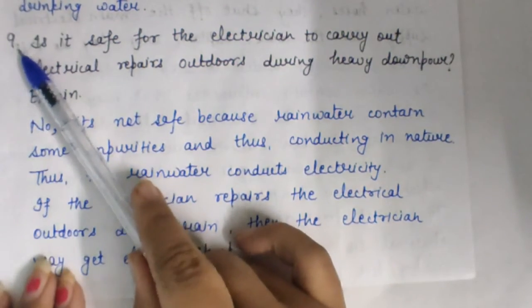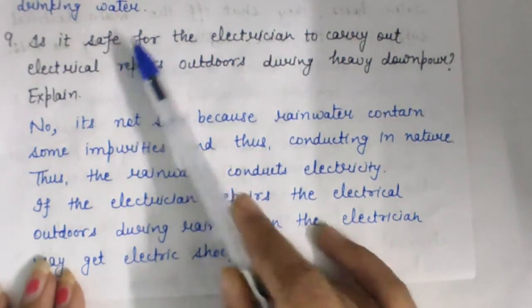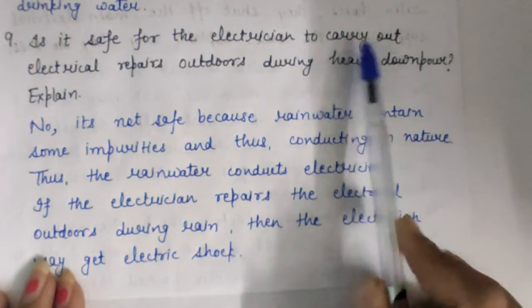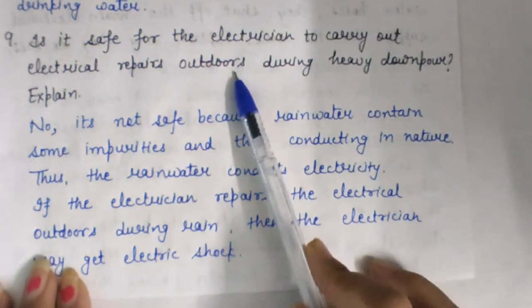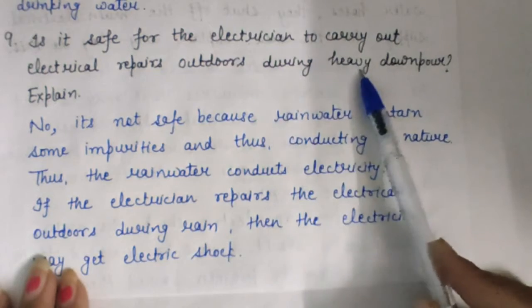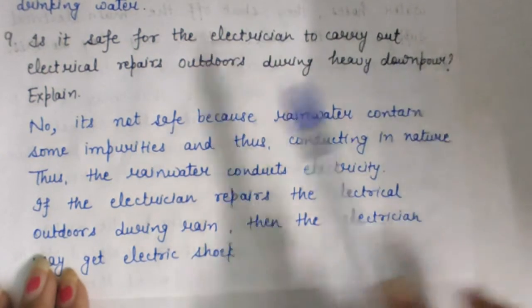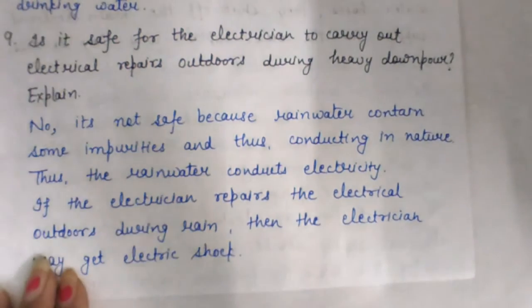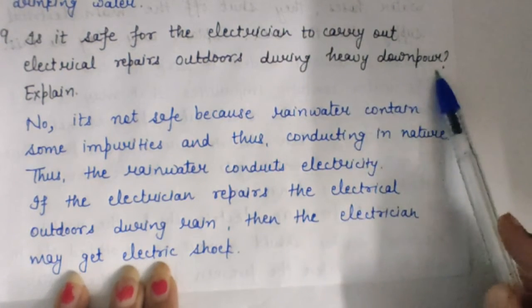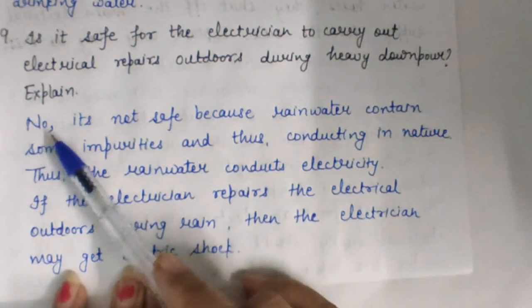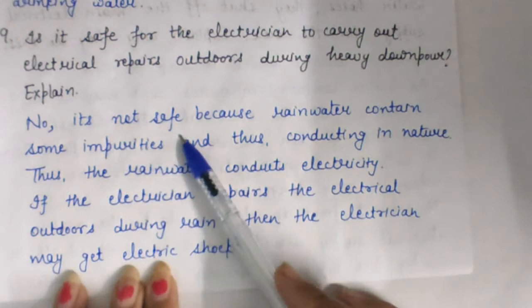Question number 9 is, is it safe for the electrician to carry out electrical repairs outdoors during heavy downpour? Explain. Heavy downpour means heavy rain. Okay. So, the answer is no. It's not safe for the electrician to carry out electrical repairs outdoors during heavy rain.